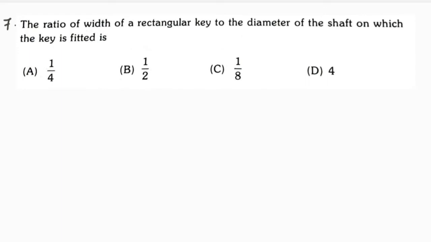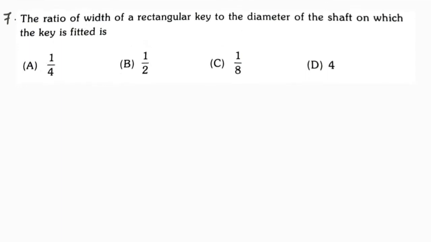Look at the 7th problem. The ratio of the width of the rectangular key to the diameter of the shaft on which the key is fitted. The problem is given for a rectangular key.